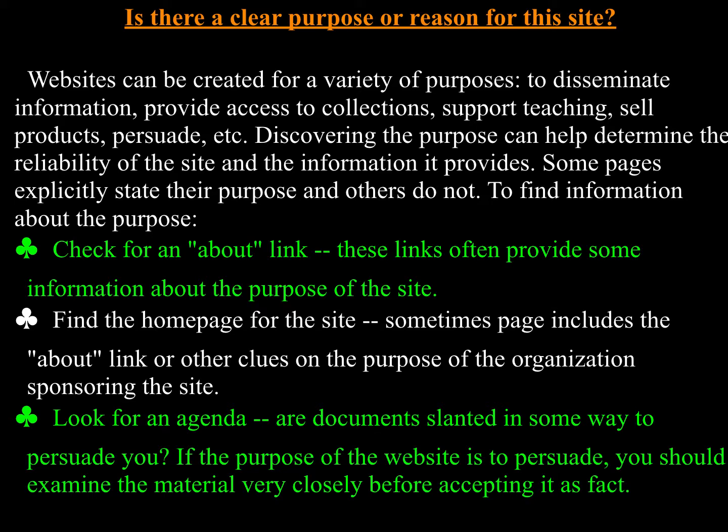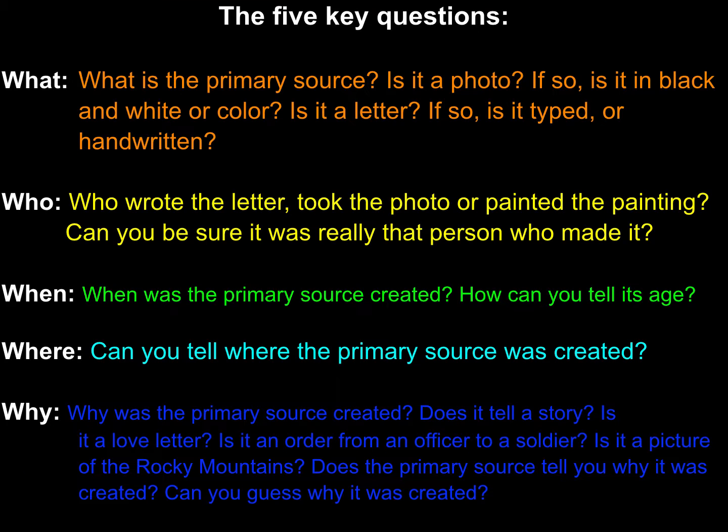Look for an agenda. Are documents slanted in some way to persuade you? If the purpose of the website is to persuade, you should examine the material very closely before accepting it as fact. And let's look at that again. Examine the material very closely before accepting it as fact.